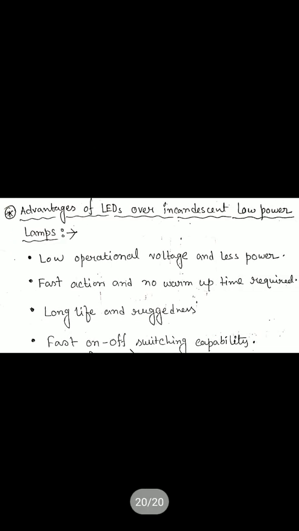Now, advantages of LEDs over a low power lamp or bulb. It has a low operational voltage and uses less power. If even a little electric current is present, it will glow. It is fast acting and no warm up time is required. It has a long life if used in the proper way. One LED can be used many times, where one bulb cannot.